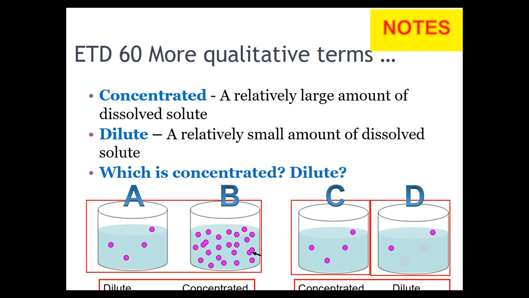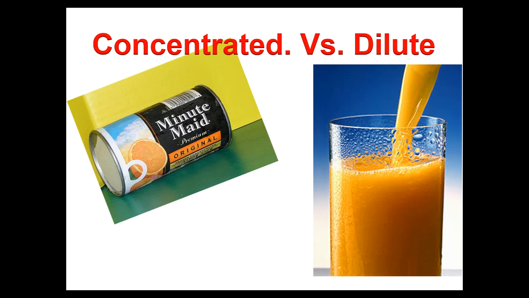My concentrated might be different than yours. You might like your Kool-Aid really, really concentrated. I like mine very dilute, but my dilute might be your concentrated. A good example is orange juice. Smart people can buy orange juice as concentrate because it's cheaper, and you don't have to pay for the cost of shipping all of that water, the solvent, along with it.